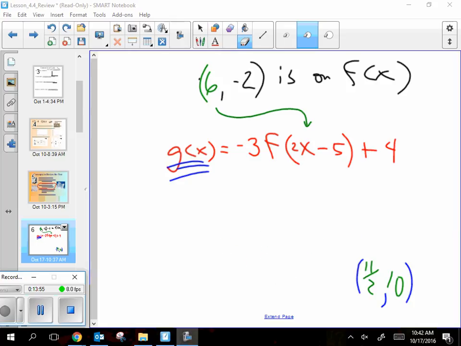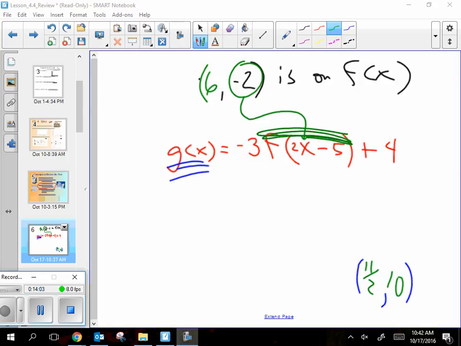You stick in this negative 2 somewhere. But the negative 2 is not just going to drop in to here, for instance. It's going to drop in this whole thing. Because this is f of x. What I'm scribbling over is f of x. That whole thing becomes negative 2. So negative 3 times negative 2 makes positive 6 plus 4 is 10. That's how we get the 10 there.